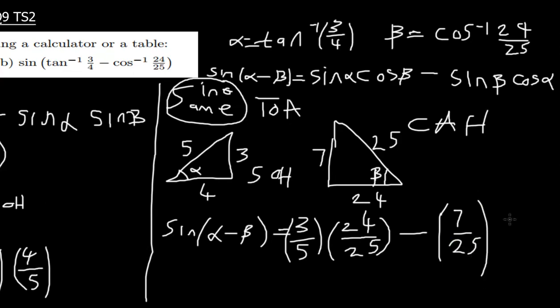Then we close brackets, open brackets again, and then we find cos alpha. Cos is adjacent over hypotenuse. Then we go where there is this angle alpha. Our adjacent to this angle is 4 over, and the hypotenuse to this angle is 5.